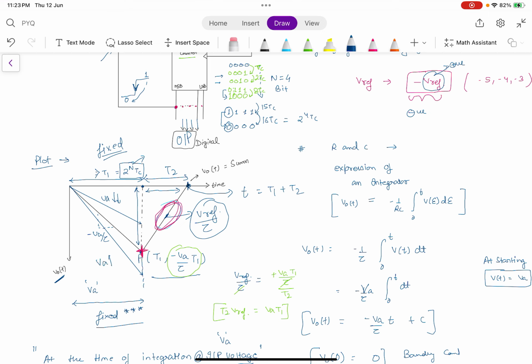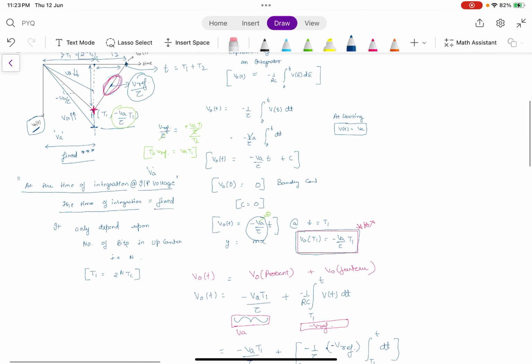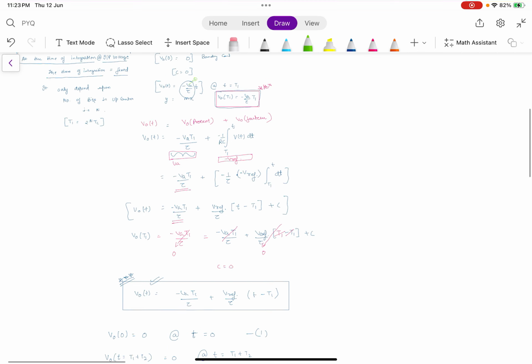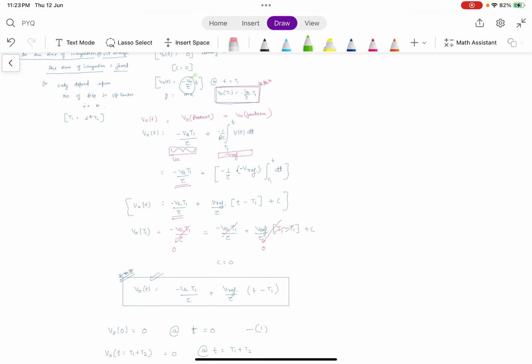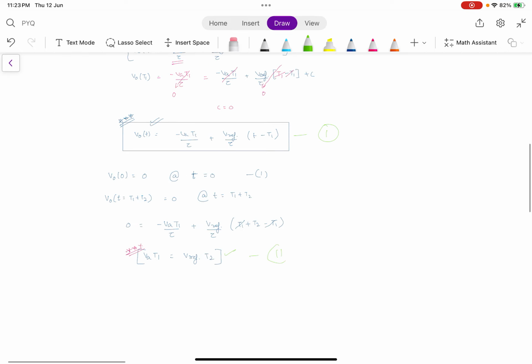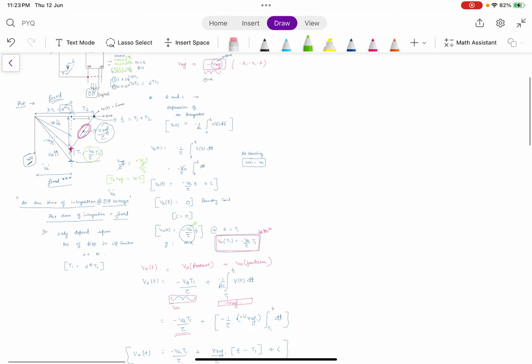If VA is large, time will not change. What will change? The output voltage will change. So your important equation, I would tell you, is this one and this one and this one.